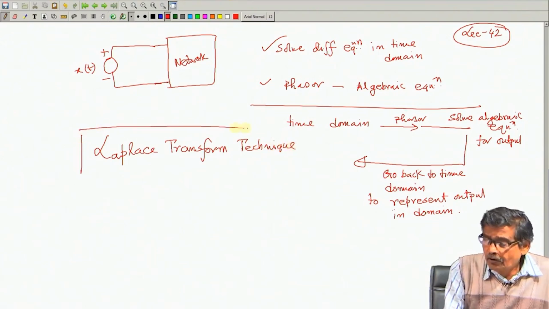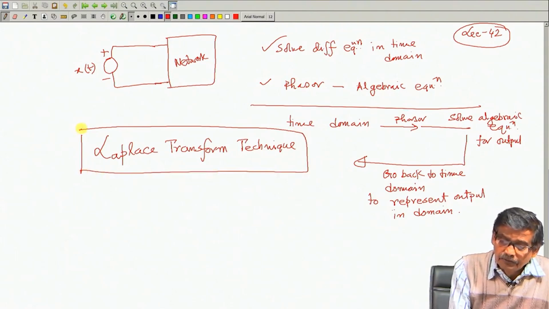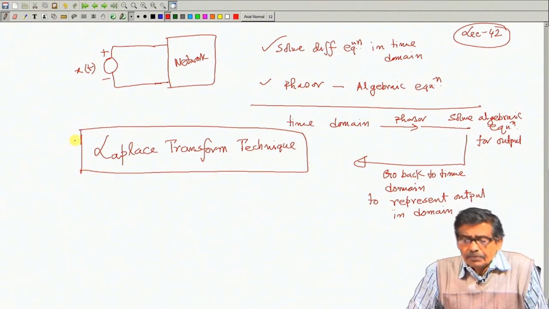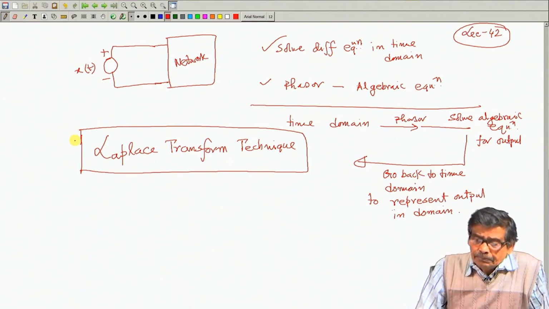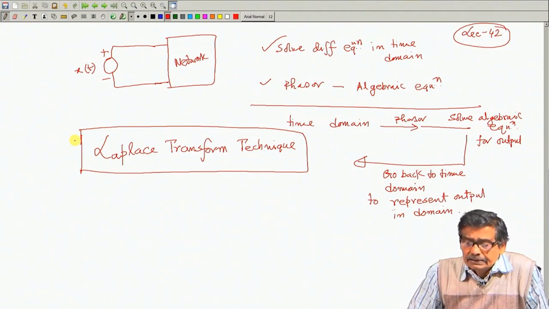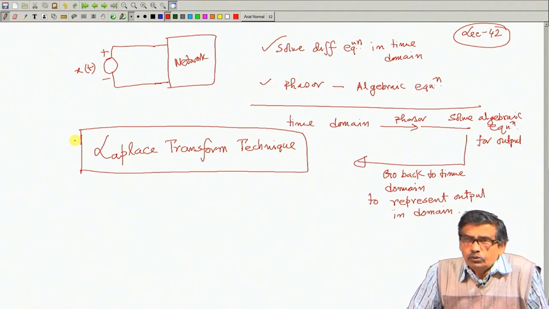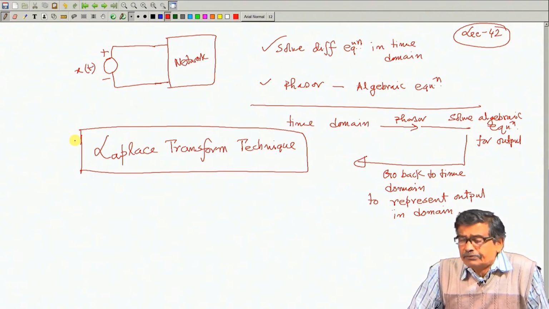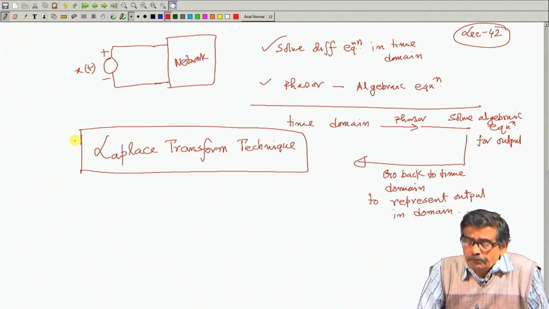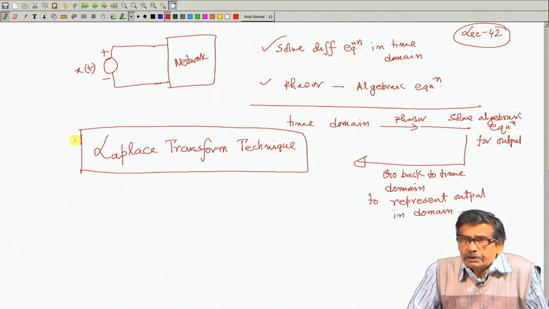It is one of the most powerful methods of solving network problems. The differential equations are converted to algebraic equations in what is known as the S domain, and then you solve for the output and get the Laplace transform of the output, and finally take the inverse transform to get the time domain expression.